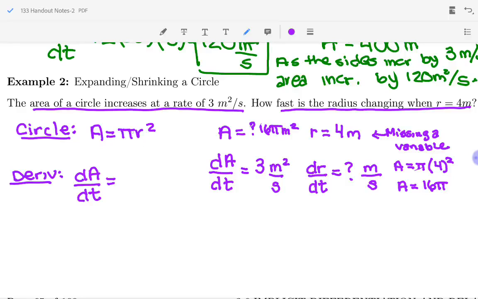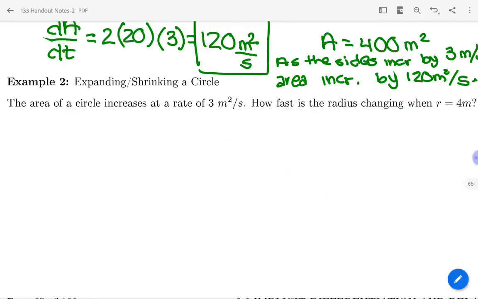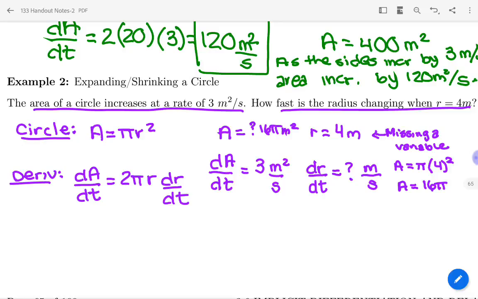Next derivative, I need to keep this pi because it's a constant. It's like the derivative of 5x squared. You'd keep the 5, bring down the 2, you'd say it's 10x. Same thing with this. I'm going to keep the pi, bring down the 2. So I'm going to get 2 pi r, and then I just took the derivative of r with respect to time. So my derivative is 2 pi r dr/dt.